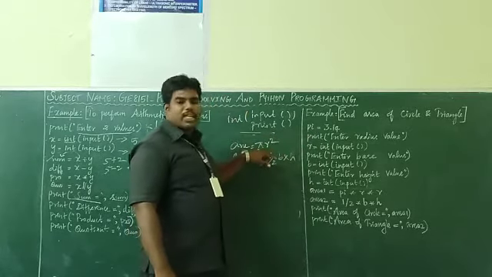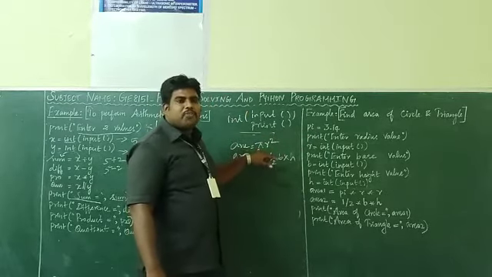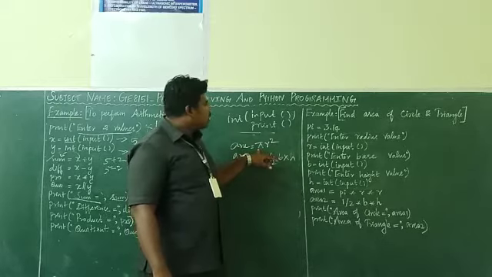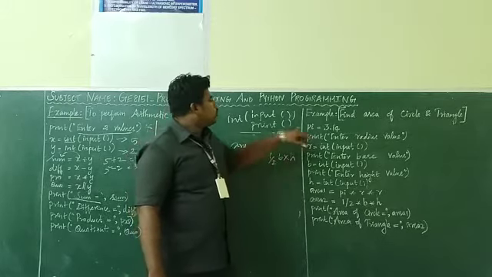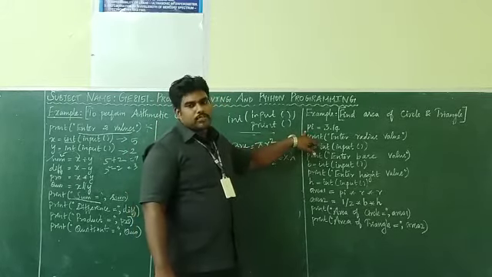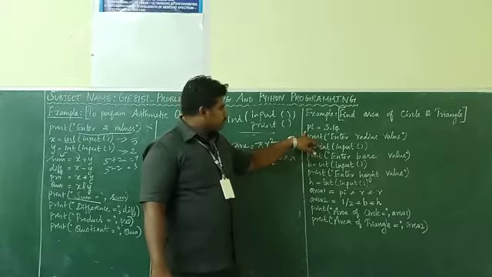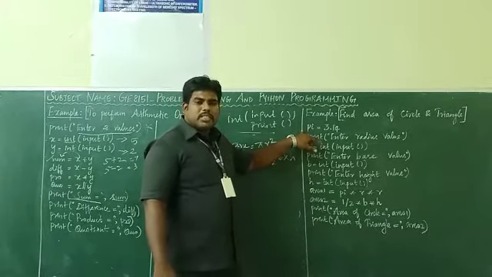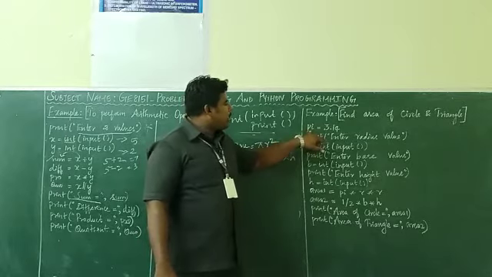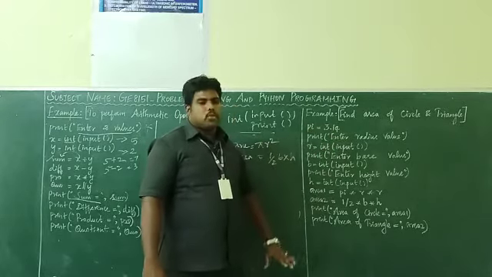So what's the default value of pi? The default value of pi is 3.14. So I am initializing it first. As it is the standard value, I am initializing the pi value: pi equal to 3.14.